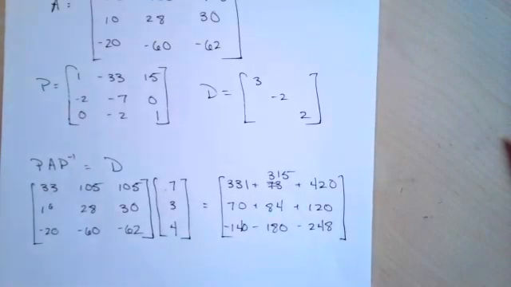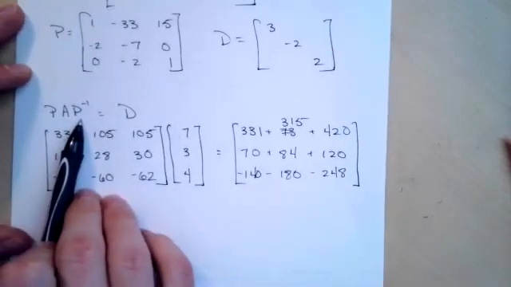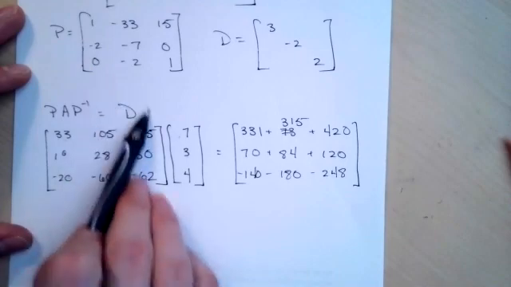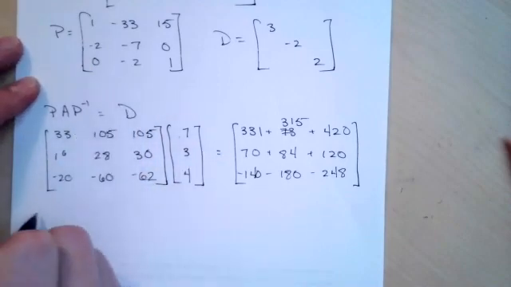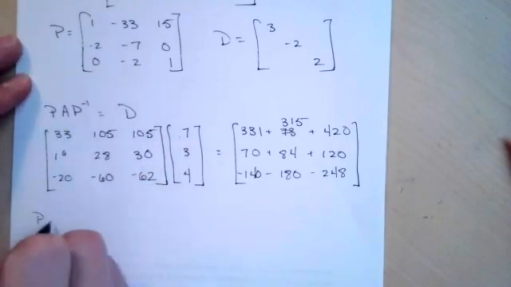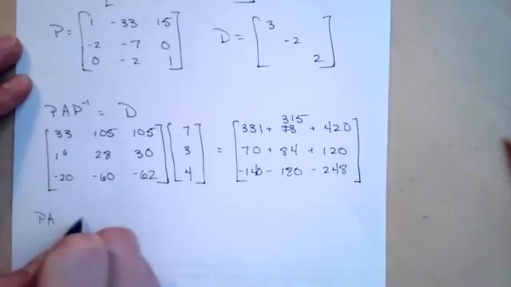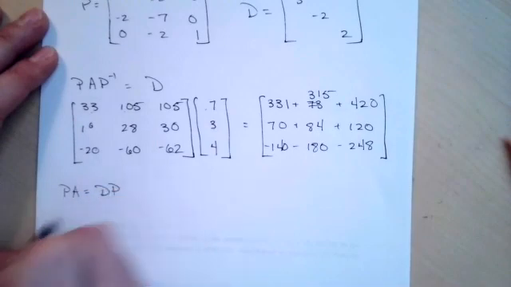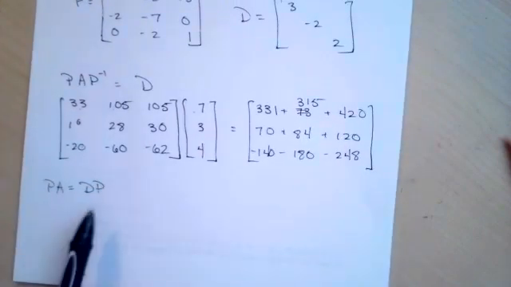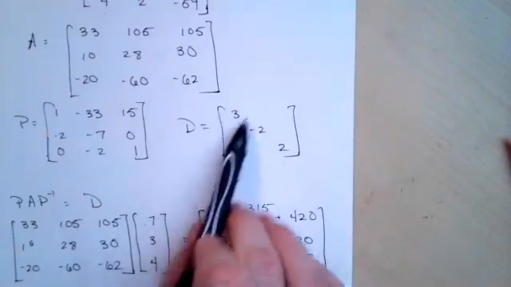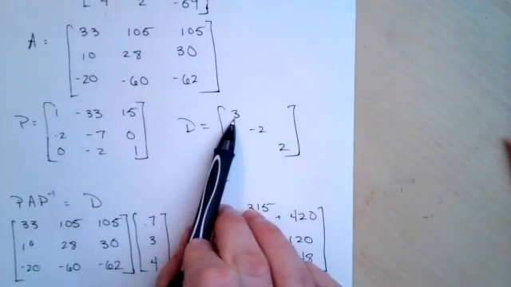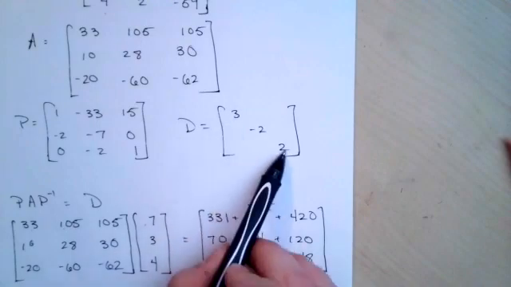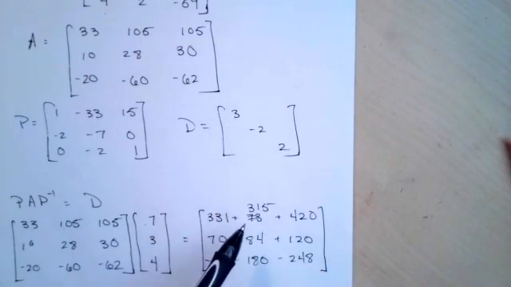And so the idea is that if we have PAP inverse equaling a diagonal matrix, well, it's essentially saying that PA is going to be the diagonal matrix times P. And the diagonal matrix times P is simply going to scale the corresponding columns by that given multiple.